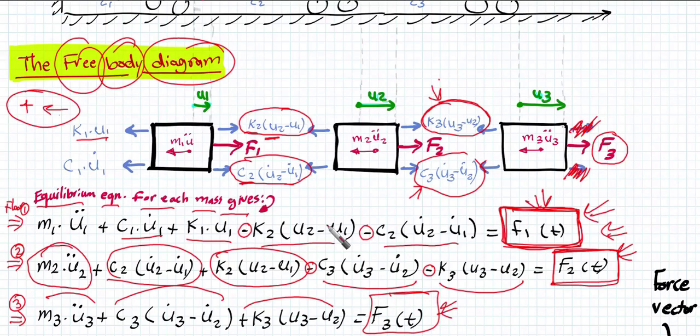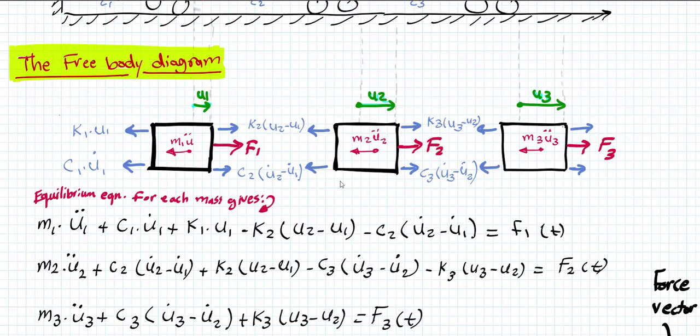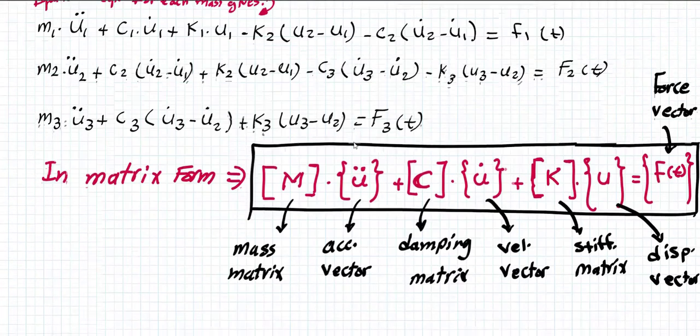On the left hand side, the inertia force M3 U double dot 3 plus, and we have plus here because we are in the same direction, C3 times U dot 3 minus U dot 2 plus K3 times U3 minus U2. These are the 3 differential equations that present the motion of this system. Based on that, we can put it in a form.